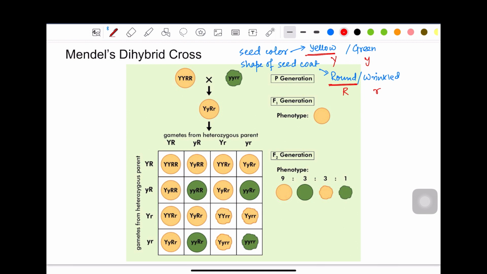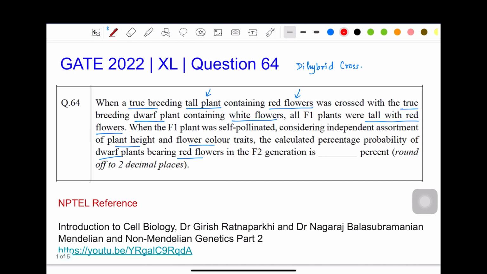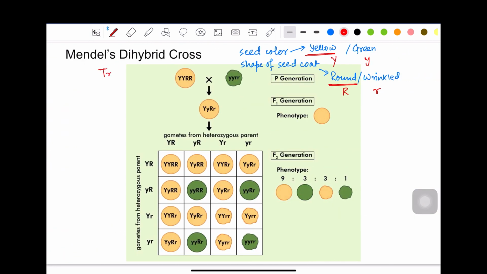Now in the parental generation, Mendel selected these two plants bearing yellow and round seeds and green and wrinkled seeds. These two plants were true breeding, which is something mentioned in the question. So what does true breeding mean?